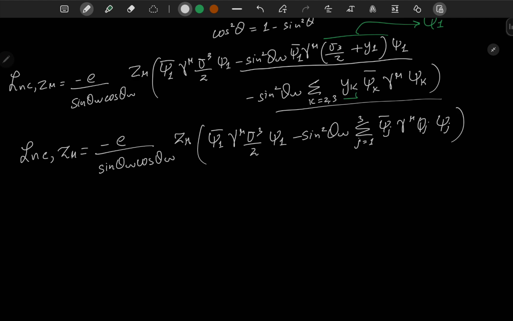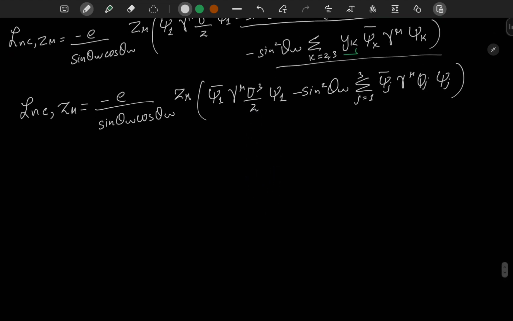So now that we are here so far, I'm going to introduce two new quantities. They are called axial vector and vector couplings.